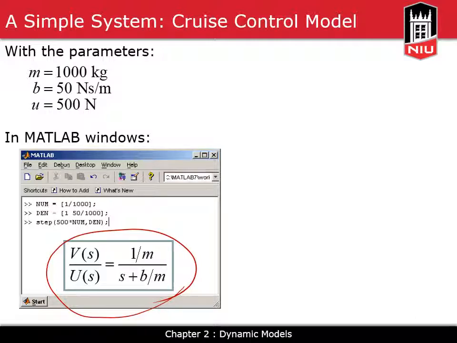There's only one coefficient in the numerator, so we create this array, call that NUM, you can call it whatever you want, and put the only coefficient that we have in the numerator. In this example, it's just 1 over m, m is 1,000, so 1 over 1,000 is our coefficient in the numerator.